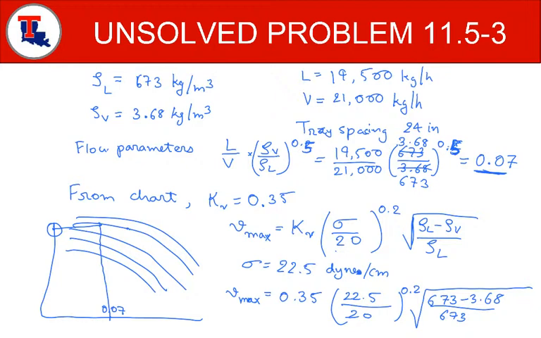This formula only stands correct if sigma is in dynes per centimeter and kV is read from that chart. Then it will be perfectly fine. Okay, so great. Now we have a value. What value for Vmax do you get?